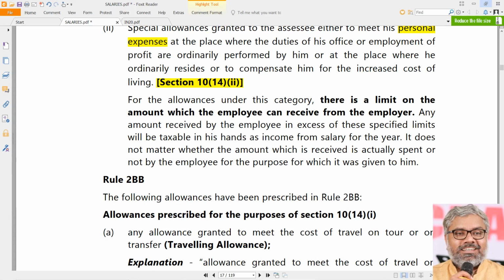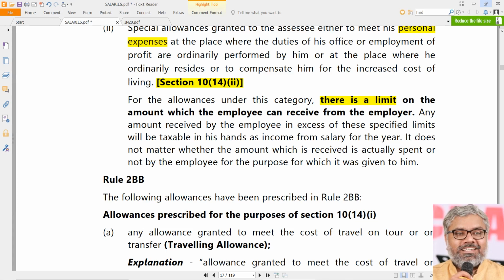It is going to be only restricted to the limit which is prescribed in the law, and to that extent only it will be exempt, and the remaining amount naturally will be taxable. So any amount received by the employee in excess of the specified limits will be taxable in the hands of the employee as income. So that is the point here.